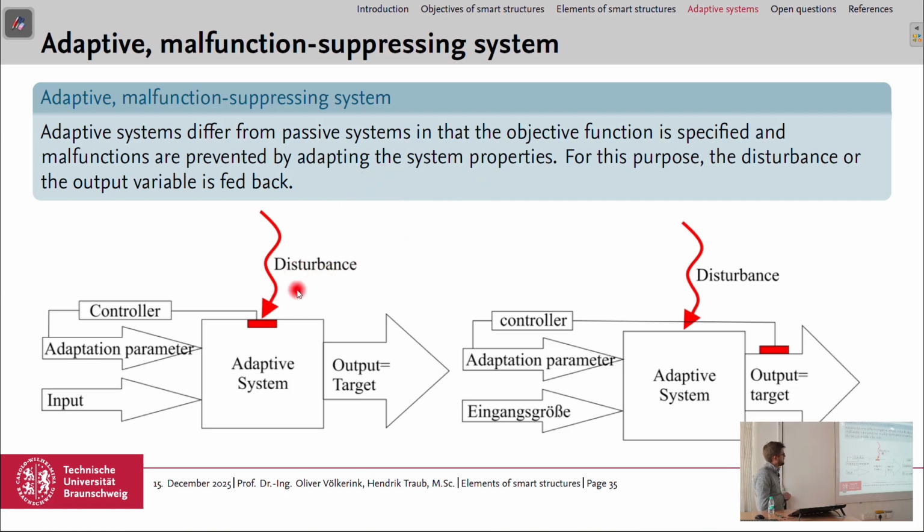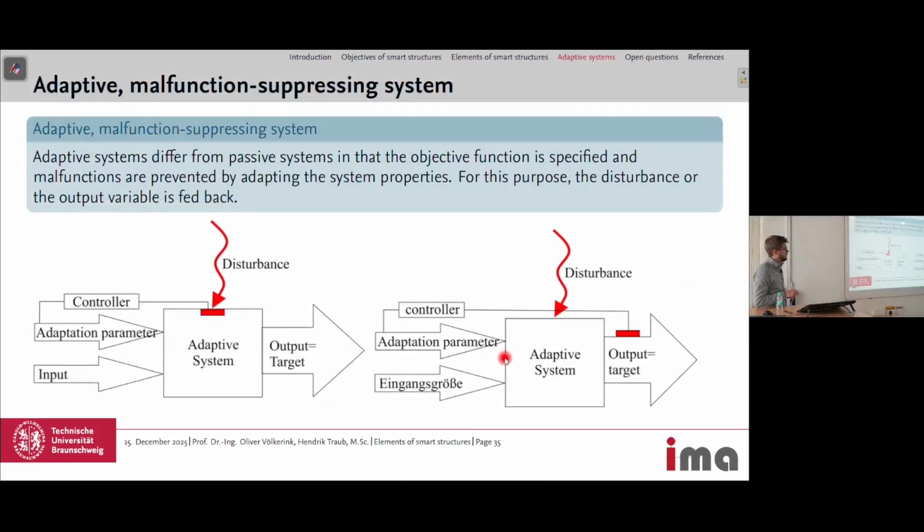For doing so, we have two options. We can measure the disturbance directly and feed it back through a controller into an adaptation parameter of the adaptive system, or we can measure our output quantity and not the disturbance and feed that back through the controller into the adaptation parameters and then have the output.